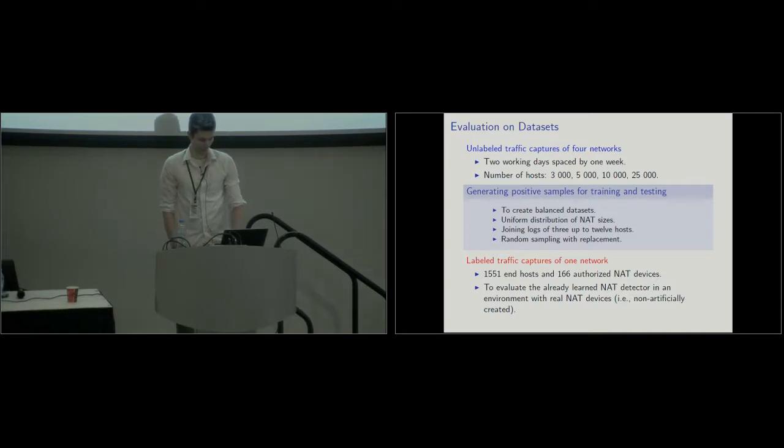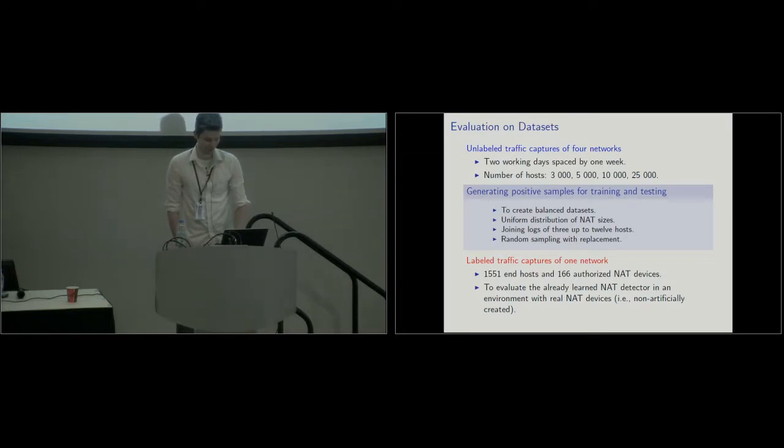And we were generating in such a way that we were merging logs of 3 up to 12 hosts. And we uniformly distributed the NAT sizes. And we also use random sampling with replacement.